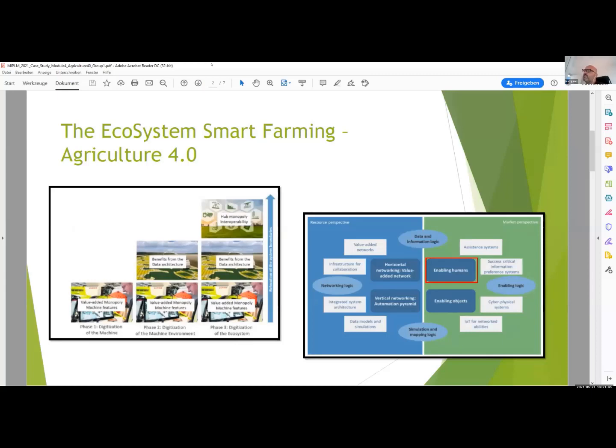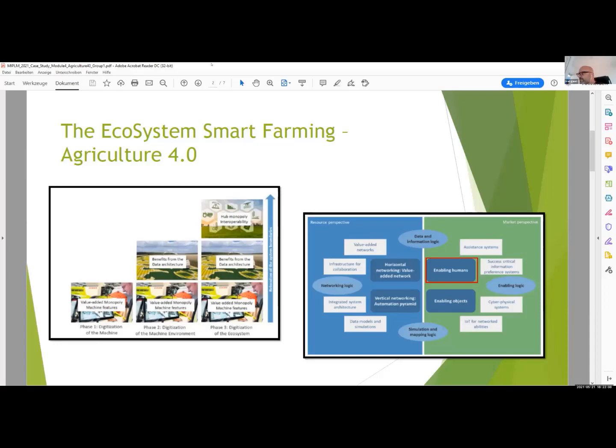Phase two adds the layer of data, so we are analyzing the machine plus taking in the data architecture. The next stage, the hub monopoly, is integrating all that data with the whole ecosystem.